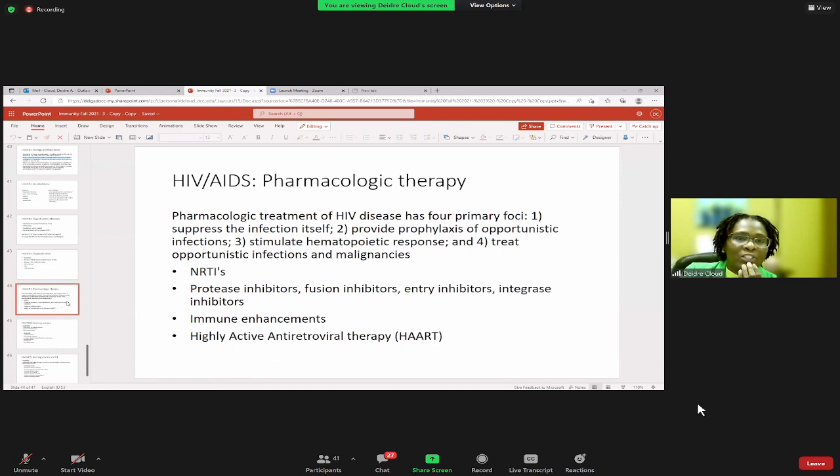So the pharmacological treatment, this is the focus of the treatment. This is what they do. A lot of the time I've been seeing Descovy used, and that's a combination antiviral and NRTI medication. That's what most of those patients were getting.